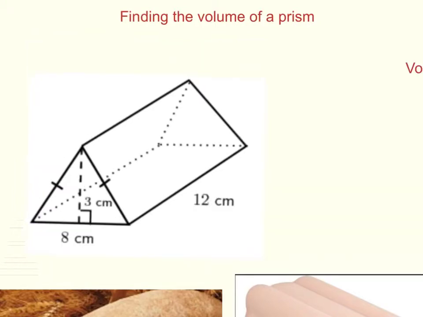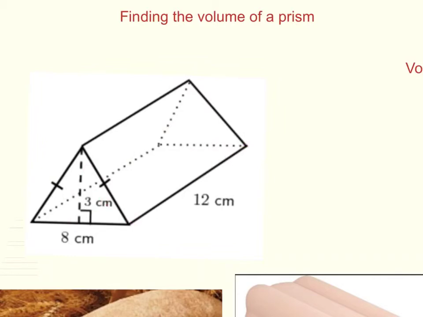Because we've got this shape at the front going all the way back, all we need to do to find the volume of a prism is find the area of this shape at the front and then multiply it by how far back it goes, because we've basically just got this shape again and again. To find the volume, so how much space is inside this 3D shape, we just multiply this area by how far back it goes.